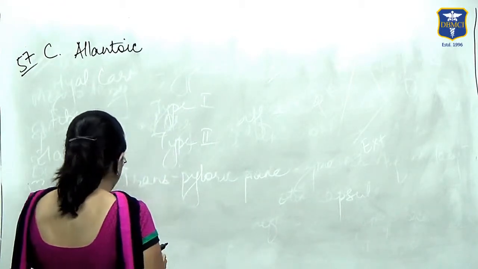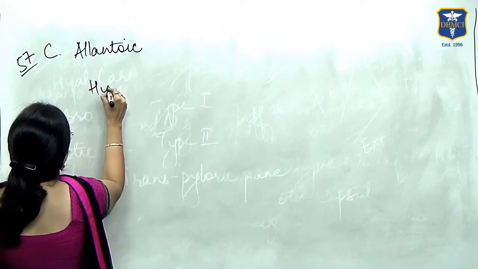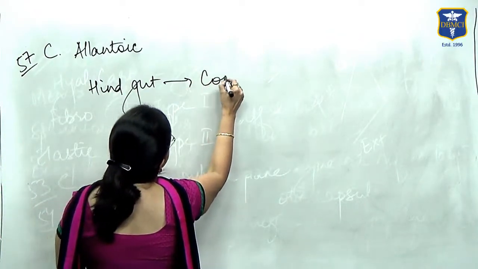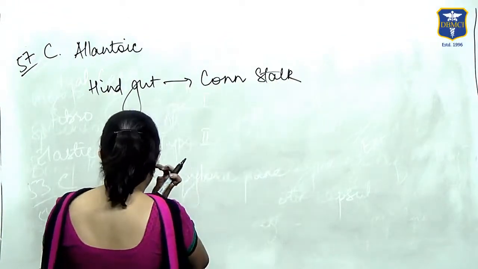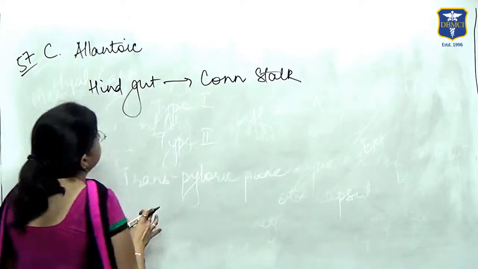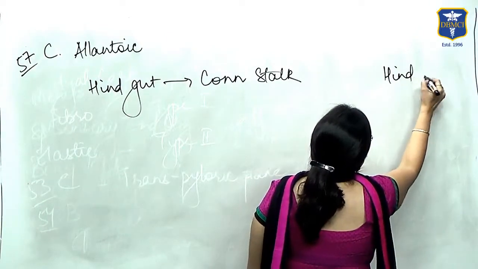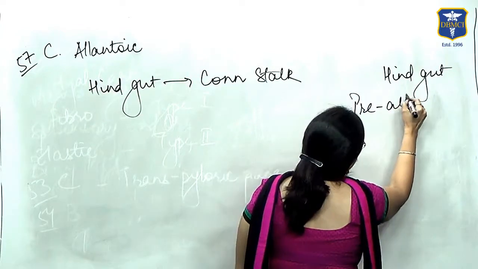It extends from the ventral aspect of the hindgut into the connecting stalk, and it divides the hindgut into pre and post allantoic parts.